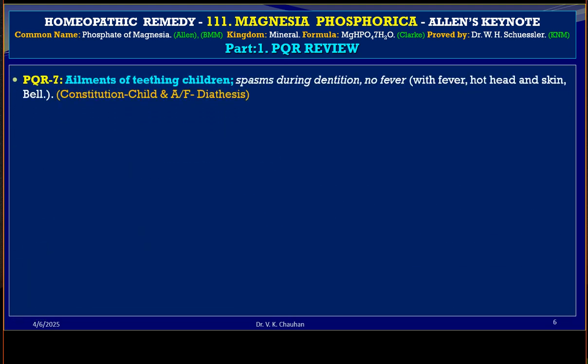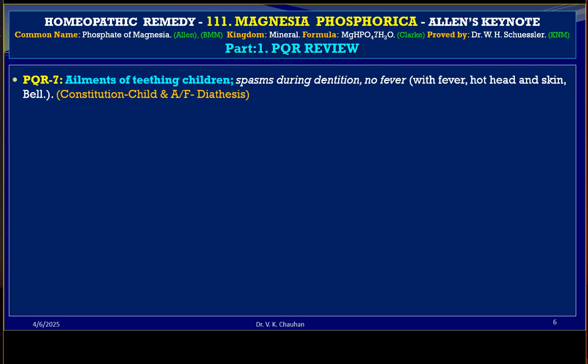We go to PQR7: ailments of teeth in children, spasm during dentition, no fever. If the fever is there and the head is hot, skin is hot, believe me, we have to go for belladonna.